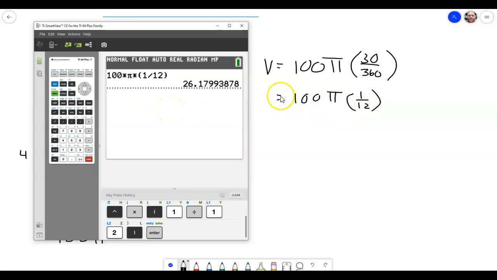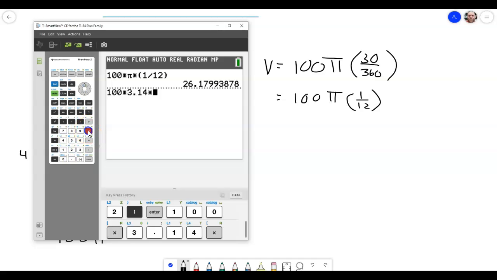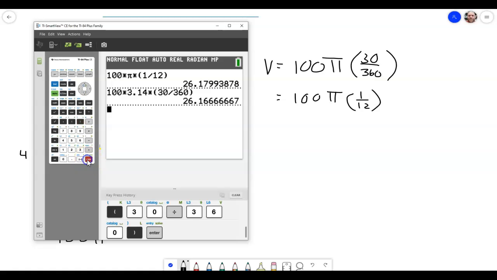Now, sometimes they ask to replace pi with 3.14, and in that case, we would just put in 3.14 instead of pi, and we'd get a slightly different answer. Let's see what we get there. So 100 times 3.14 times 30 divided by 360, which is the same as 1/12, and we should get something similar, but not quite the same.